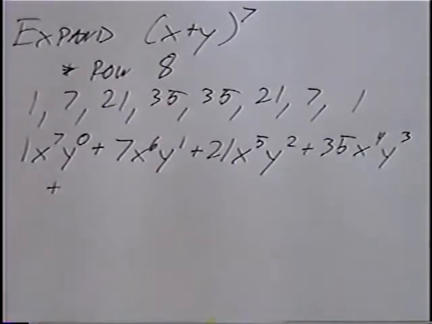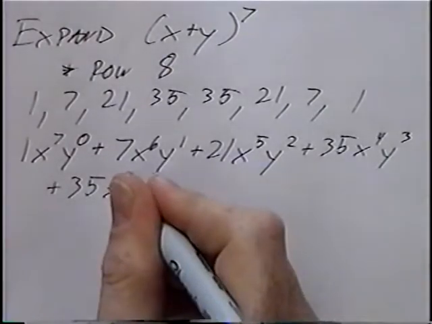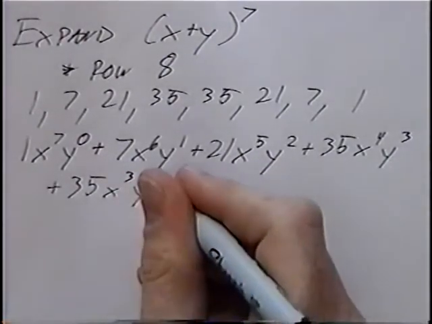The next number, 35 again. X will decrease by 1, and y will increase by 1.